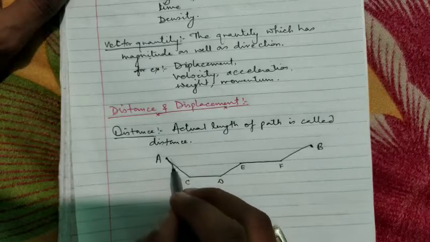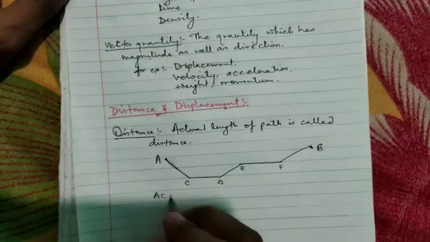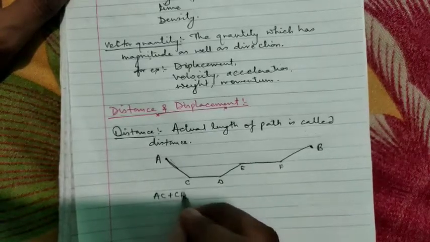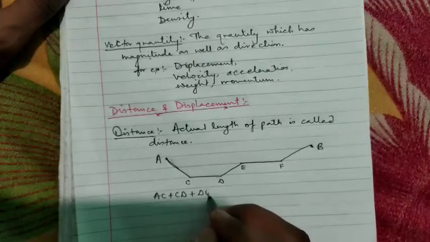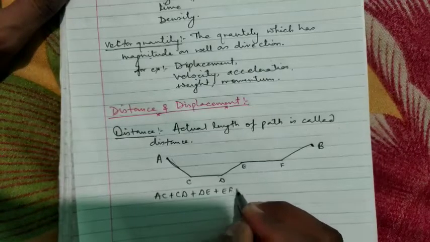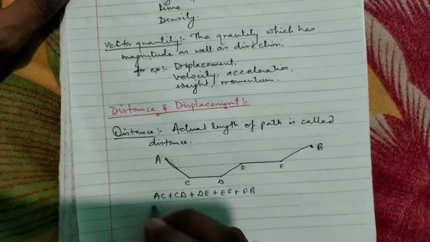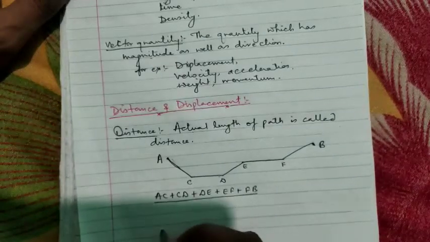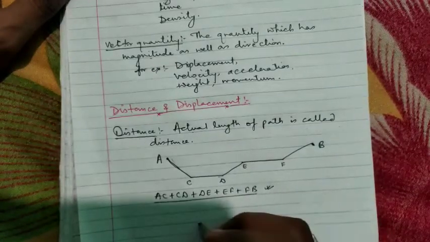We will measure the length of the path, that is AC plus CD plus DE plus EF plus FB. This is the measurement of the length of the path. This will be called distance.